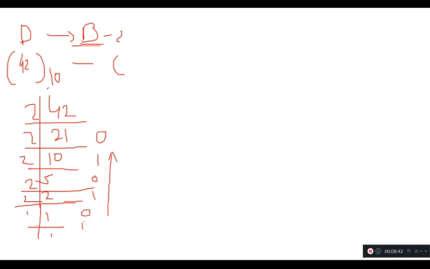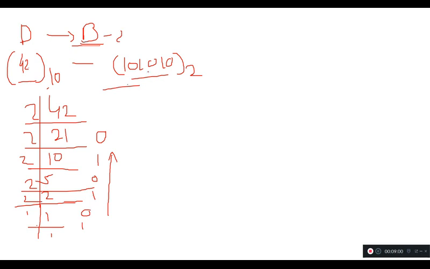So here it is 1 0 1 0 1 0. Start from here: 1 0 1 0 1 0. So this is your binary number.